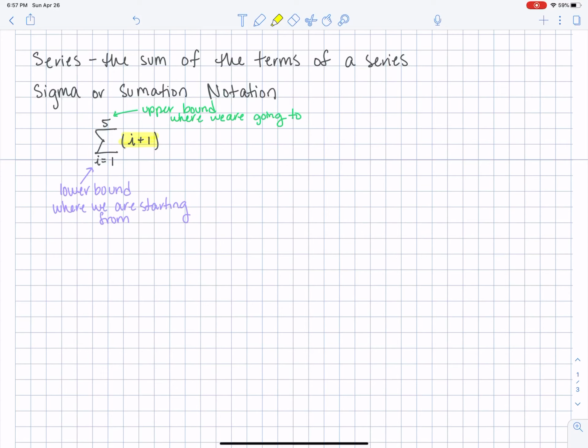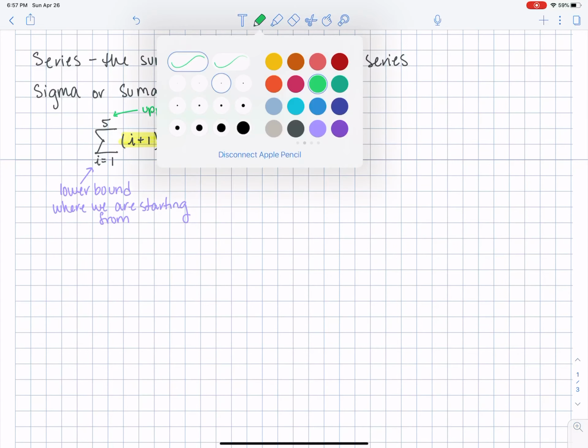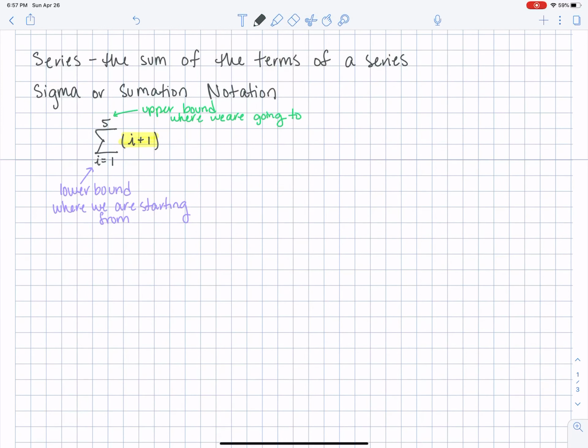Now, for this one, we can add these up. So this is equal to, we start with our first term, which is 1 plus 1. Then we add that to our second term, which is 2 plus 1. Then add that to our third term and our fourth term.